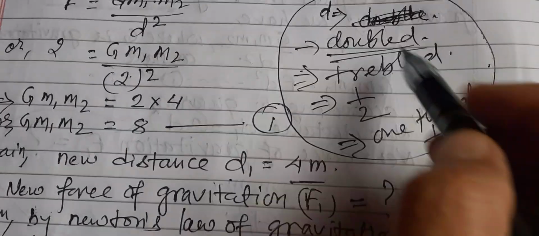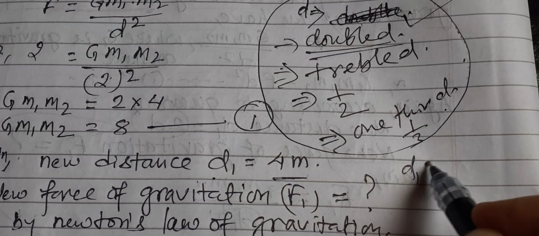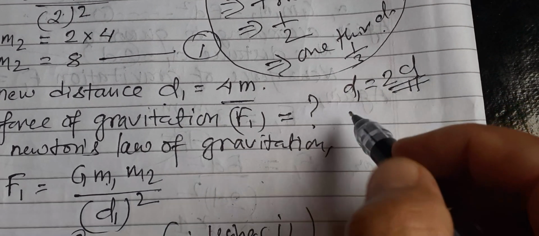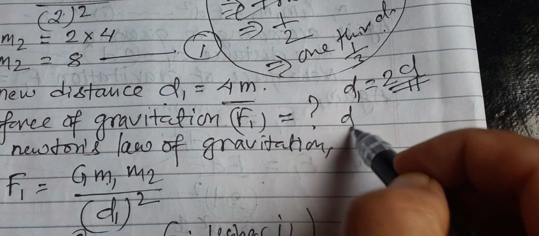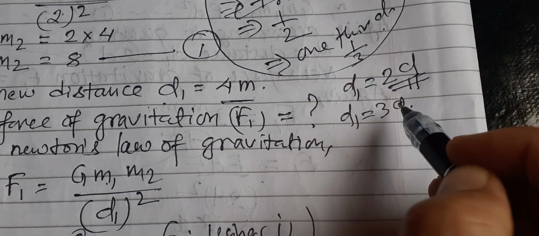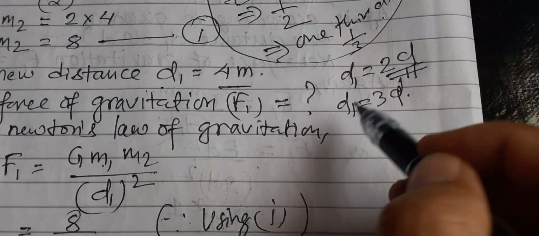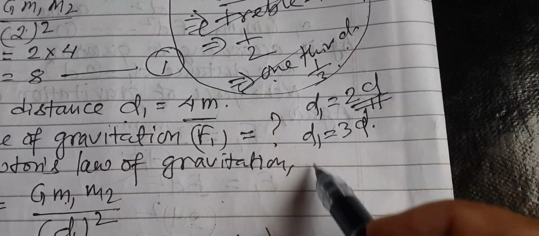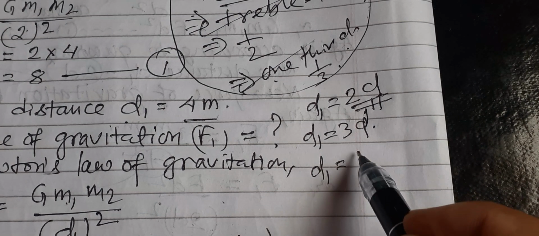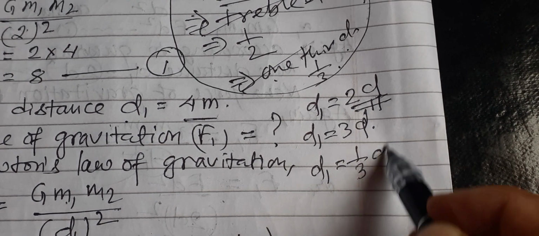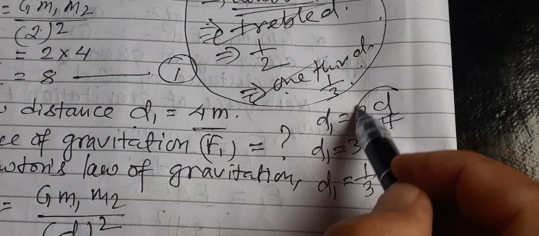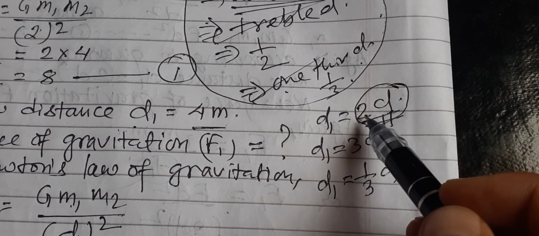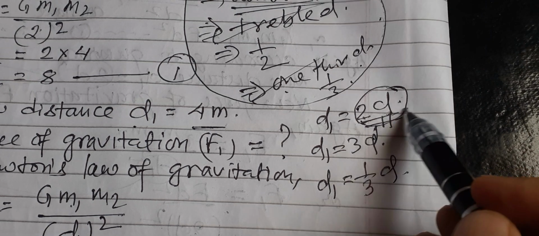So if it is double, then d1 is twice d. Use this relation. If it is treble, then d1 becomes 3 times d. If it is 1/3, then d1 becomes 1/3 of d. So when the distance is 2 times of d, you can write 2 times d, 2d.